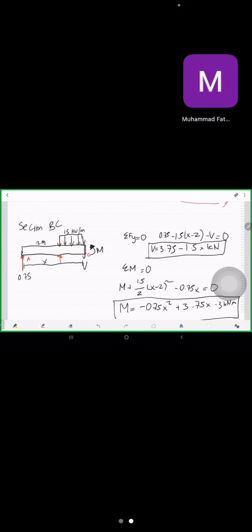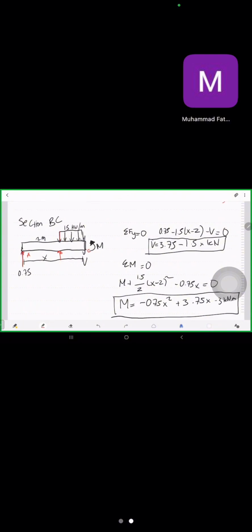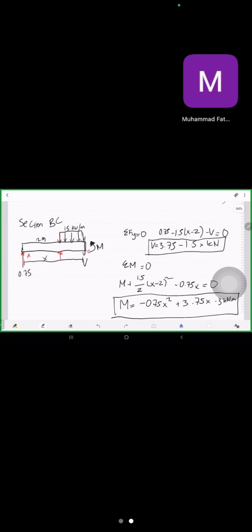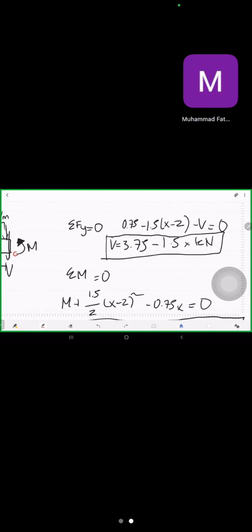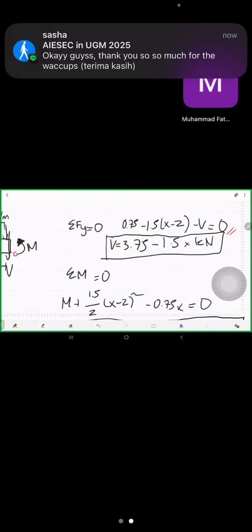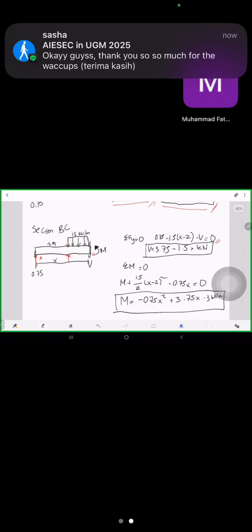It is x minus 2 because the AB part is 2 meters in this case, and we are finding the length between B and C, which is x minus 2. So 1.5 kilonewtons is multiplied by x minus 2, because we are going to find the area of the rectangle to find the resultant of that force.